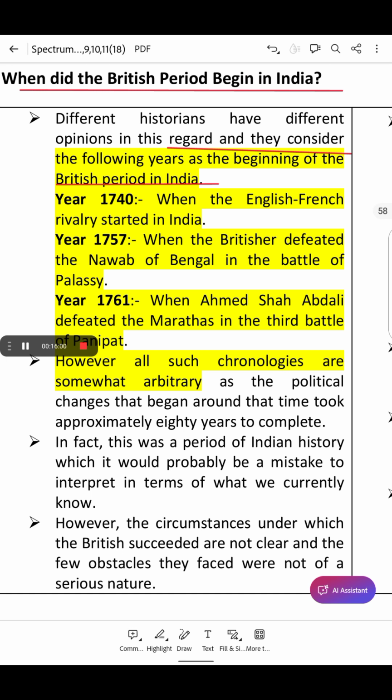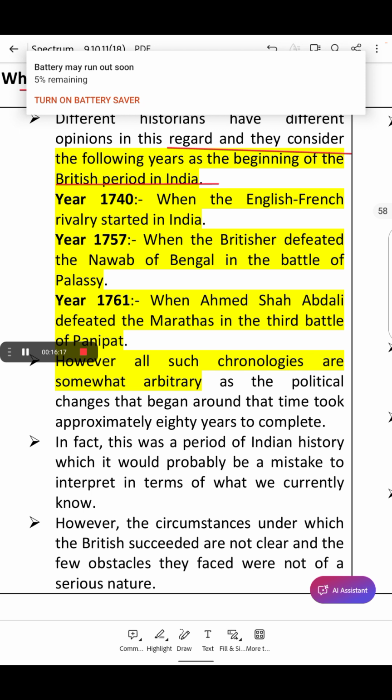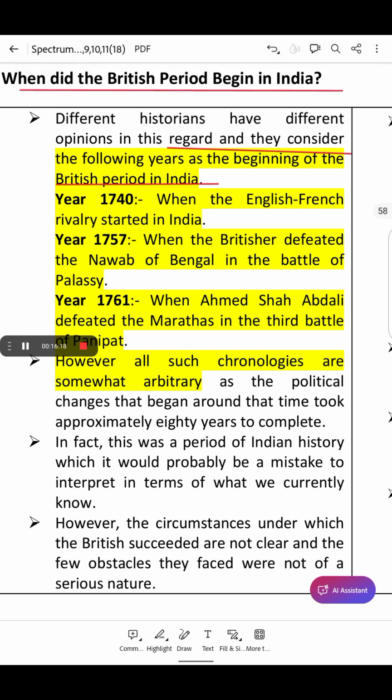So in the year 1740, the English-French rivalry began. We have already discussed how the English-French rivalry in India began around 1740, as both nations were competing for control over trade.